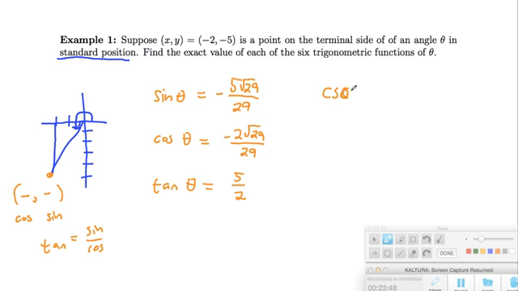Cosecant of theta is going to look like a negative as well because it is the reciprocal of sine.